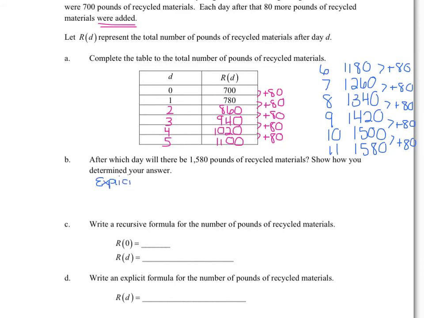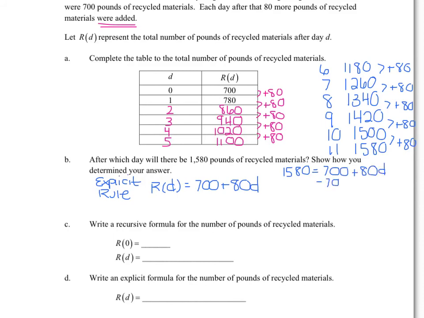We first have to write it, and the explicit rule is going to be R of D equals our starting amount, which is 700, plus our common difference, which is 80, times the number of D's. So if I want to know what 1,580 is going to equal, I'm going to set that equal to 700 plus 80D.